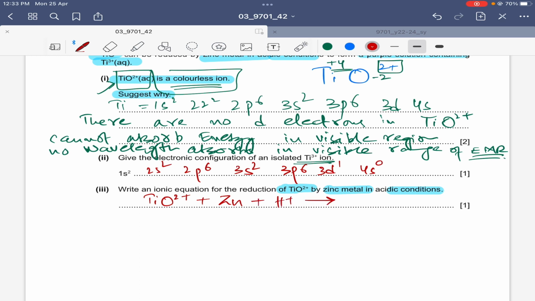In TiO2 plus, titanium has an oxidation state of +4 and it gets reduced into Ti3 plus. Zinc will be oxidized into Zn2 plus. Alright, now we have to balance this equation, plus we get water, H2O.